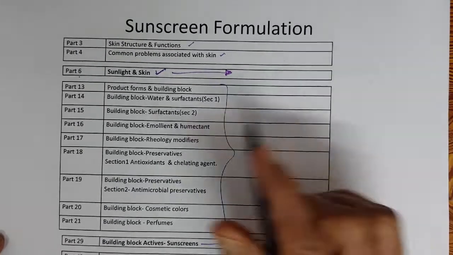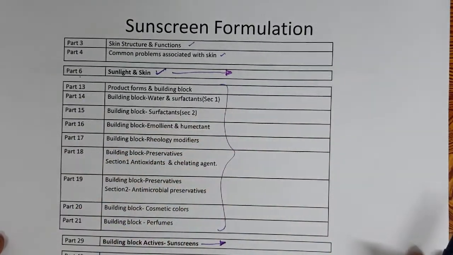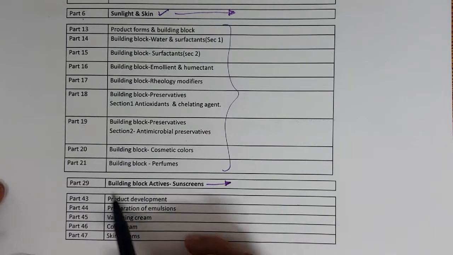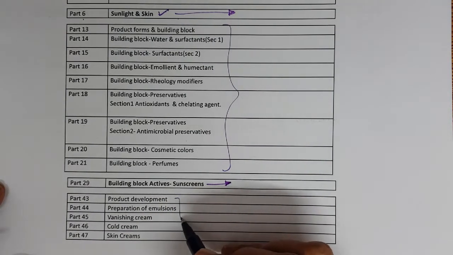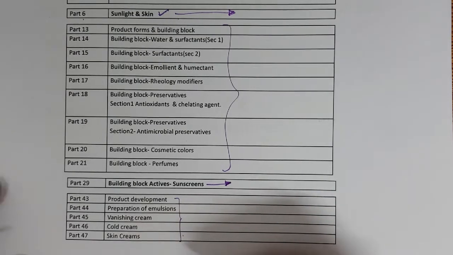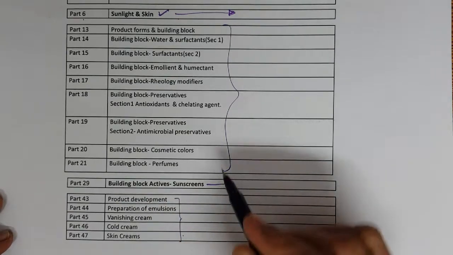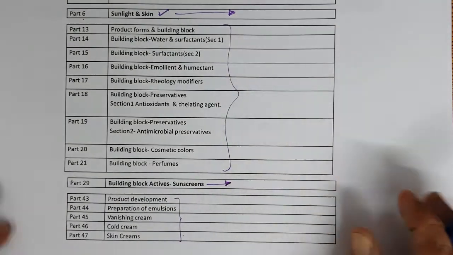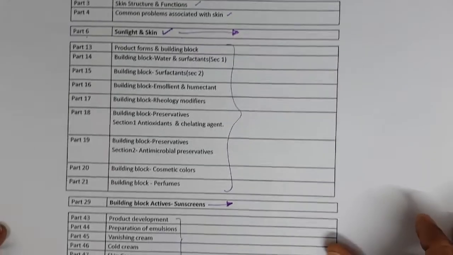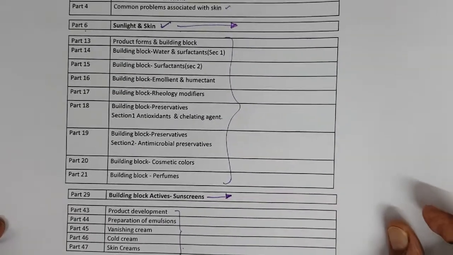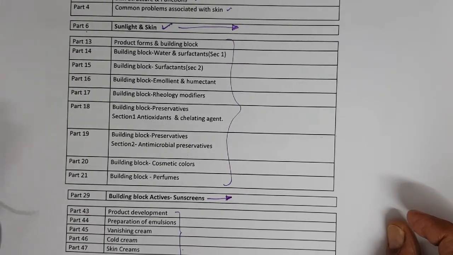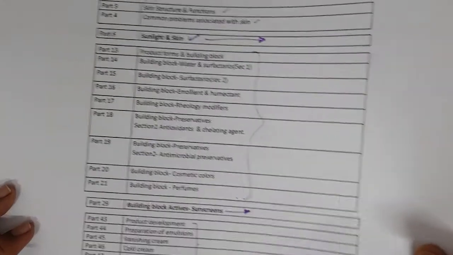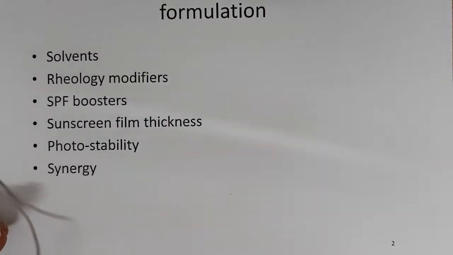Sunlight and skin, part 6, and part 29, building blocks, actives, sunscreens, and of course preparation of creams, which you would have already gone through if at all. So now these two things are very important: sunlight and skin, building blocks, actives, sunscreens. Go through these, and then before going to this part, okay?